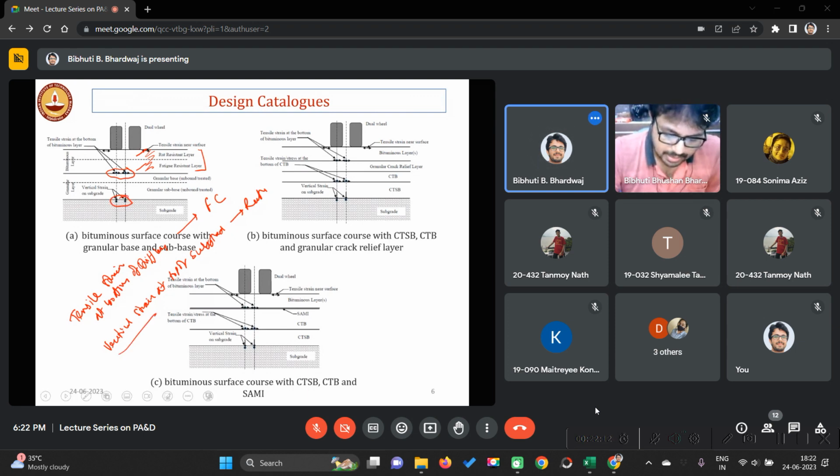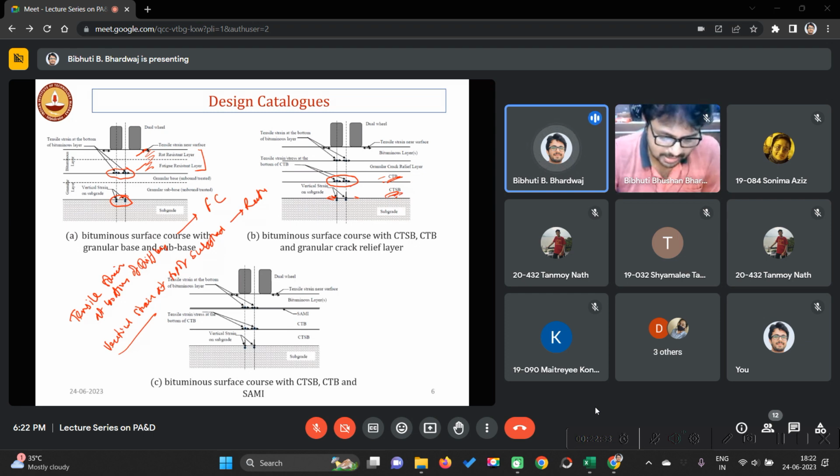Okay, in this case, since this is a cement treated base, you need to check the tensile strain here also, because this layer is also very stiff. You can check here as well, because this is a cement treated subbase, but cement treated base will be much stiffer compared to CTSB.